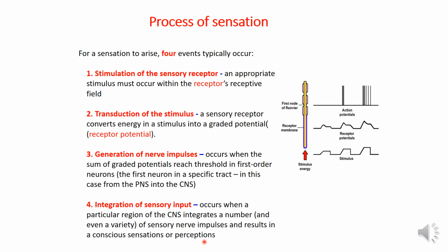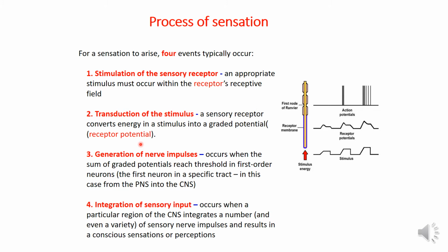So the process of sensation includes, number one, stimulation of the sensory receptor, which detects the change. Number two, transduction of the stimulus, the transformation of the stimulus energy into receptor potential.